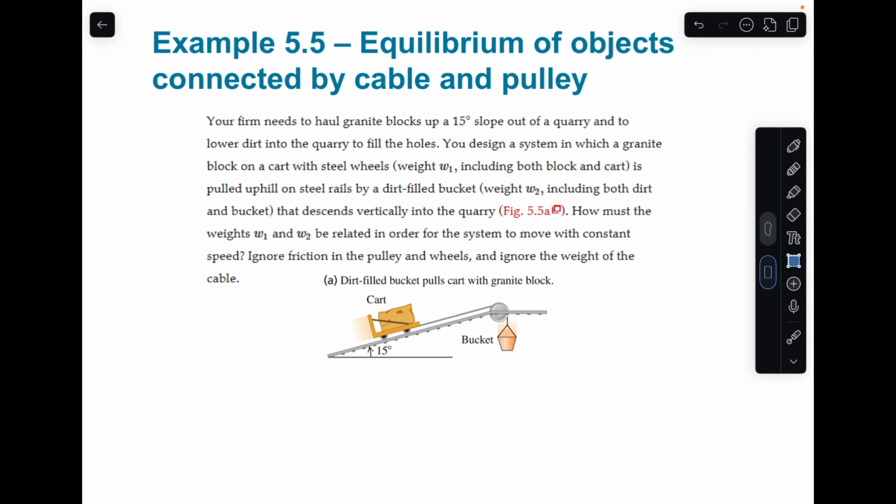So what we need to do is haul granite blocks up a 15-degree slope, and doing that will lower the bucket that has some granite in it. And so the question is, how must we relate the weight of the cart to the weight of the granite in the bucket in order for the system to move with constant speed?